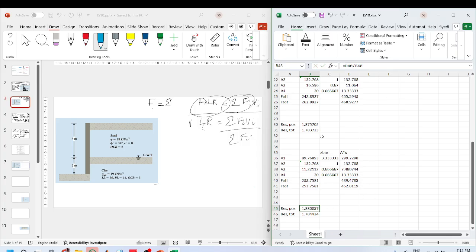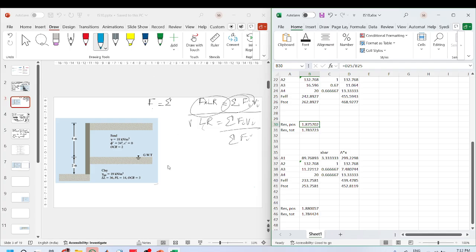So you see here, there is a very small difference between the two results. The results with Kulawy gave us 1.87 and 1.78, while with Meyerhof's formula, it gave us 1.88 and 1.78, almost the same to the second decimal.